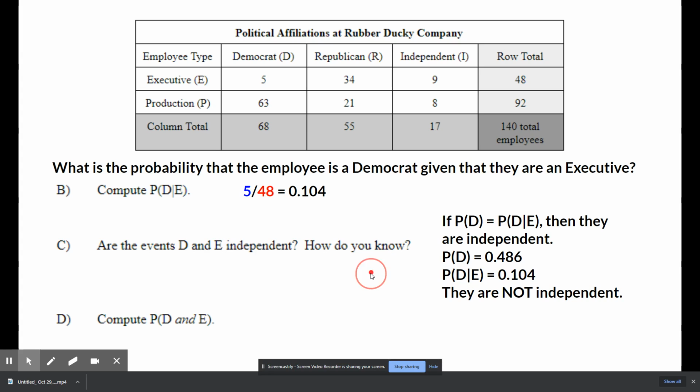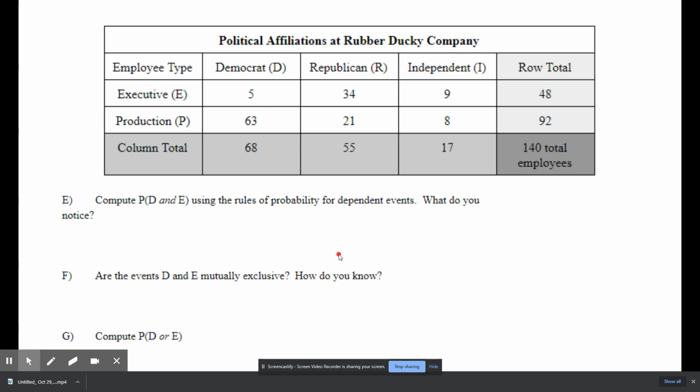So compute P(D and E). Democrat and executive would be 5 out of 140, so a 0.036 probability. Letter E, compute the probability of D and E using the probability for dependent events.